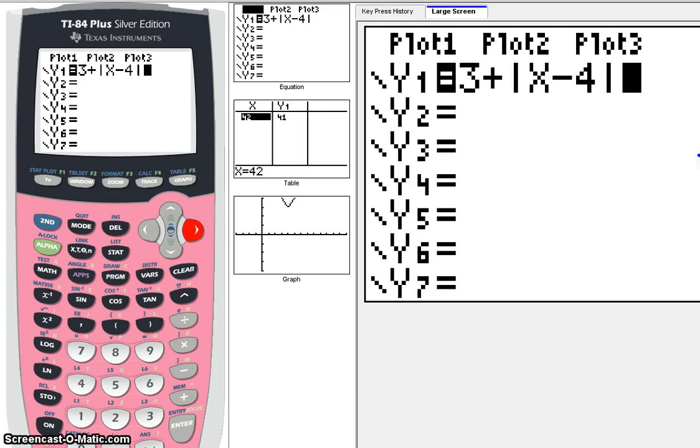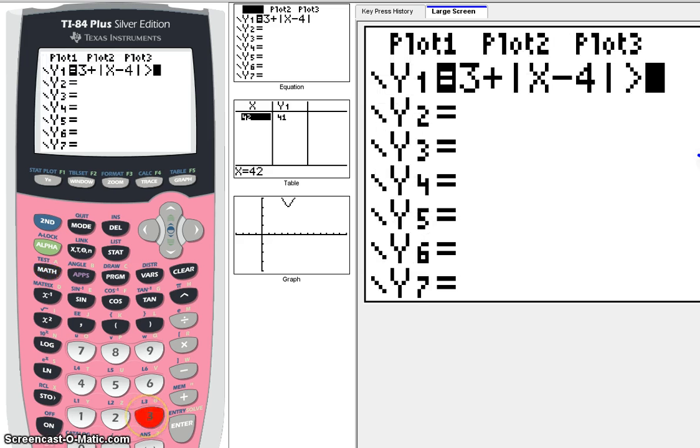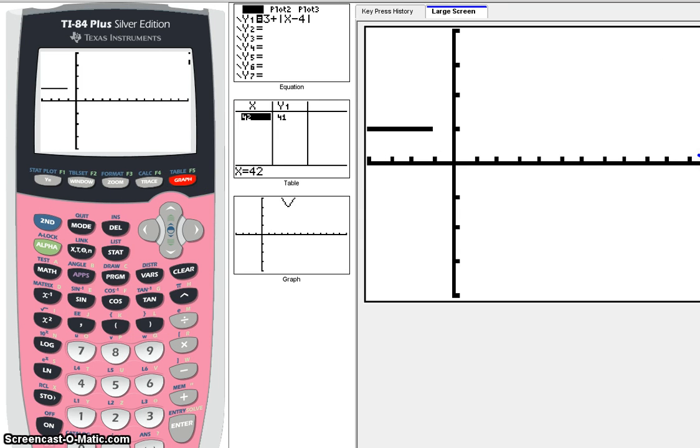Now to get the greater than sign, I push second and math, which is test, and greater than is choice 3, and then I type 8. And when I look at the graph now, it actually gives me the equivalent of a number line graph for the function. This concludes tonight's lesson.